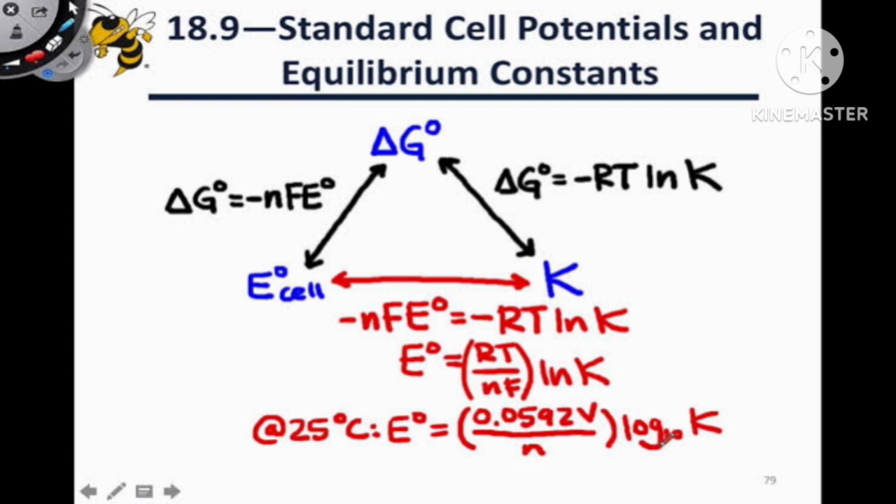Now for this Daniell cell, Zn plus Cu2+ giving Zn2+ plus Cu, what will be the delta G? The number of electrons is 2, as Zn is converting into Zn2+.